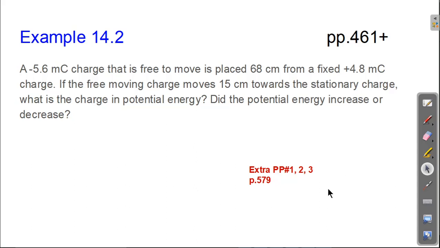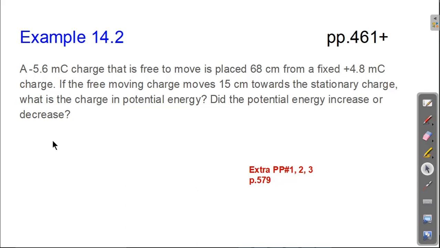Example 14.2 on page 461 reads like this. A negative 5.6 millicoulomb charge, wrong unit, that is free to move, so this is our little q, is placed 68 centimeters from a fixed positive 4.8 millicoulomb charge.